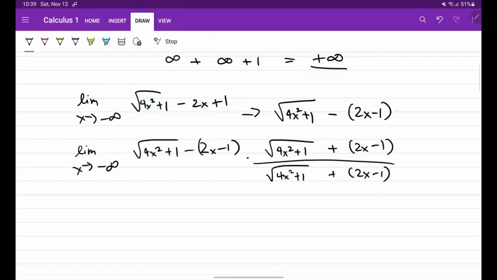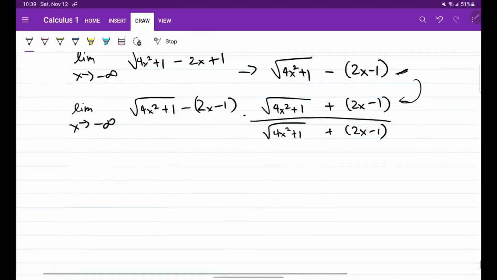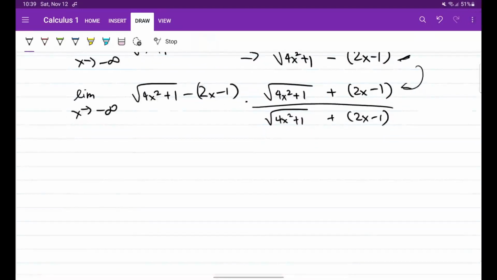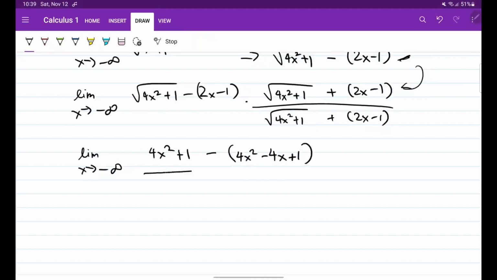Why did we do this step? We did it so we can multiply by the conjugate of 2x minus 1. Now we can simplify our limit. This will become 4x squared plus 1 minus 4x squared minus 4x plus 1, all over square root of 4x squared plus 1 plus 2x minus 1.